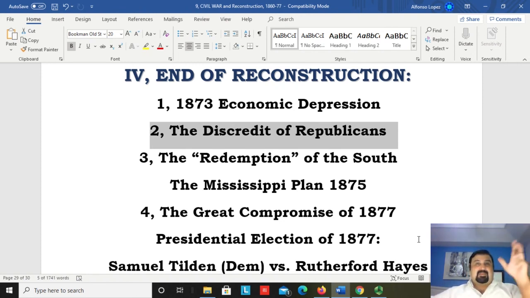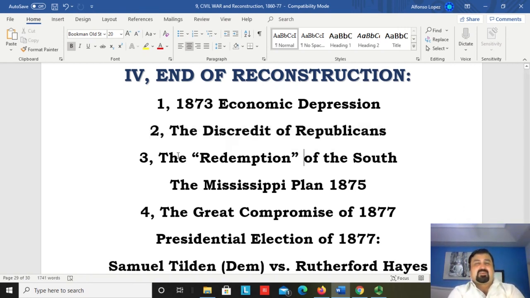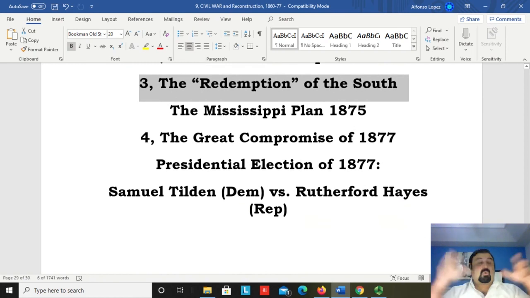Now people are blaming the Republican Party, and the Republican Party is losing a lot of appeal, its popularity, support. Again, the issue of Reconstruction is coming along with it as well, because that's a Republican issue. In other words, it's a Republican goal, Reconstruction. So people don't want to listen to Republicans anymore when they come out to talk about Reconstruction. They just don't want to listen to a Republican, or they don't want to talk about Reconstruction.